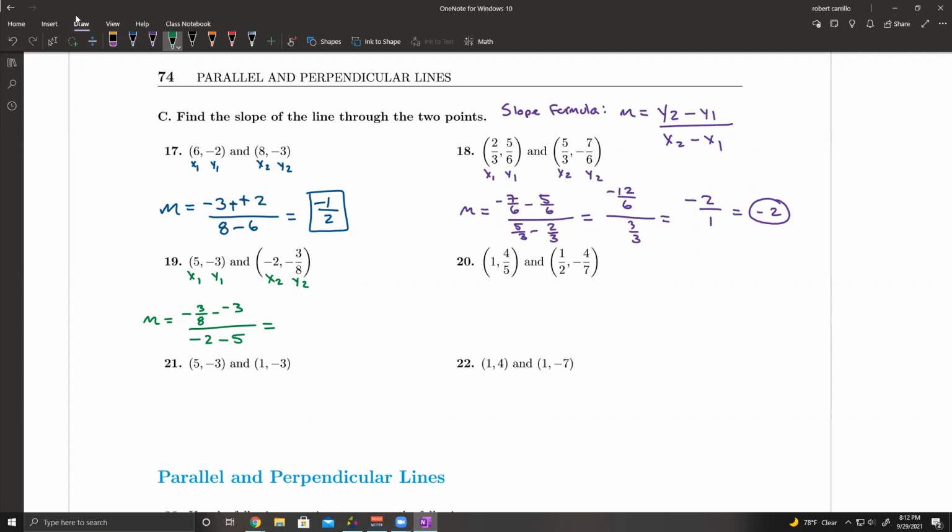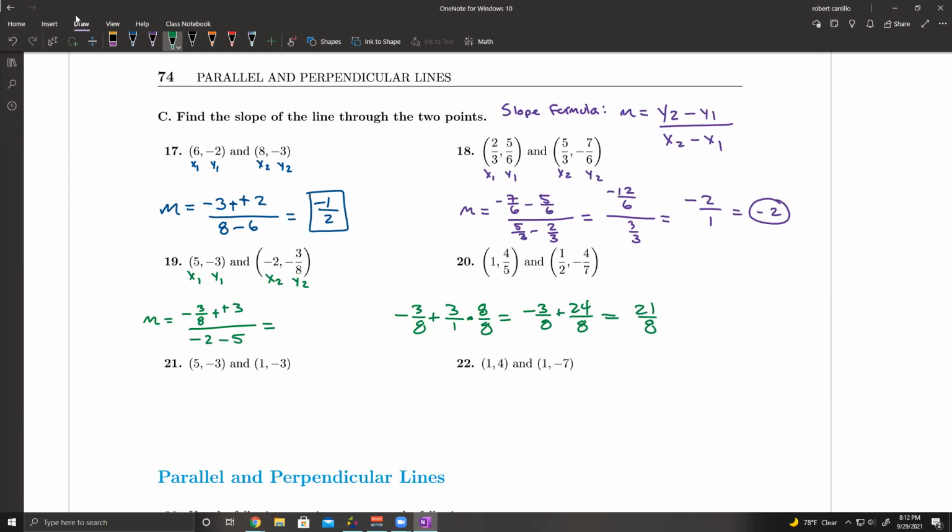Minus becomes positive. Good. And what you're looking at is negative 3/8 plus 3. I have to put this 3 over 1 and get a common denominator of what? 8. Good.